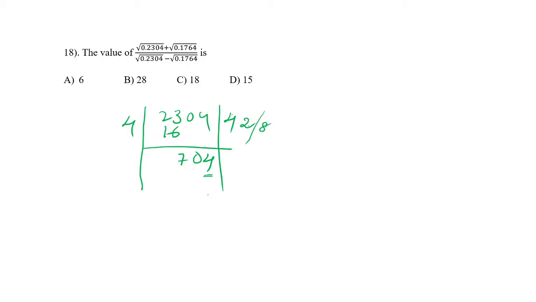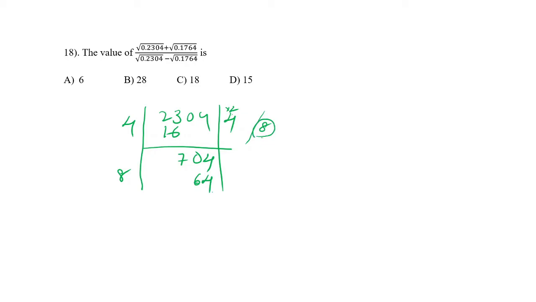First of all, check by 2. So first write 4 into 2 here. 4 into 2 means 8 in this place. Then take 2, write the square of this 2 here, 4. Then 0 4. Now 8 into 2 is 16. So this is not exactly cancelled. So 2 is not correct here. Now take 8. 8 square means 64.